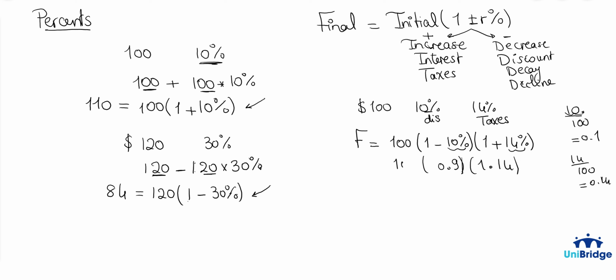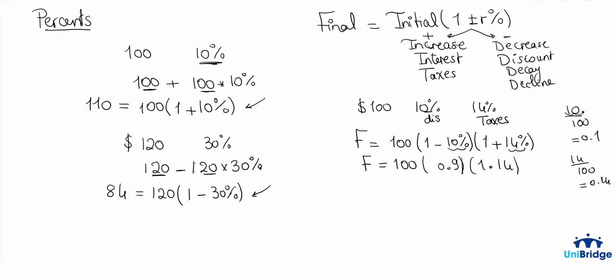So you multiply this by 100 and you get the final value for the amount you pay. We always do the percents in 2 different brackets. We don't net the percents. So you discount first, multiplying by 1 minus 10%, and then you add the taxes.